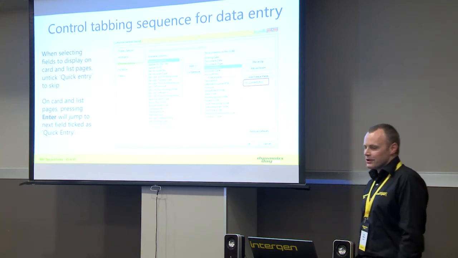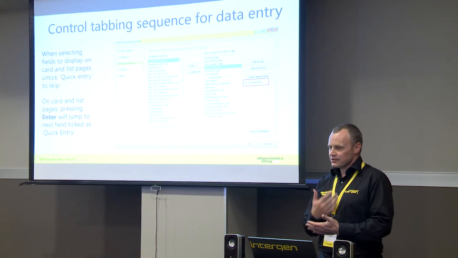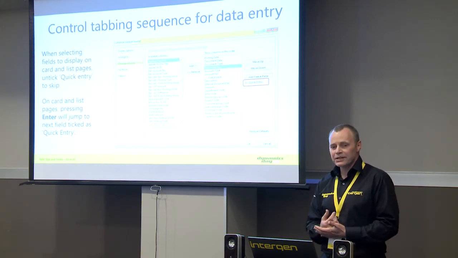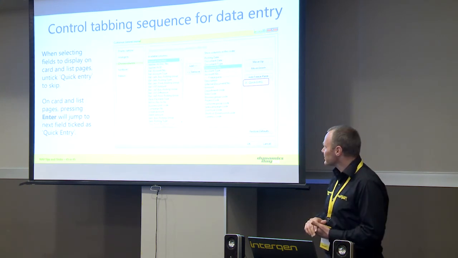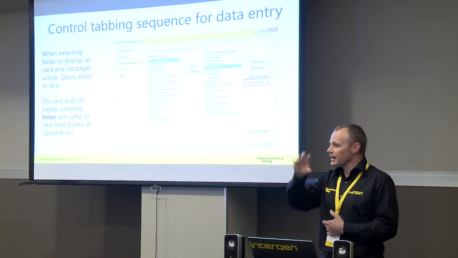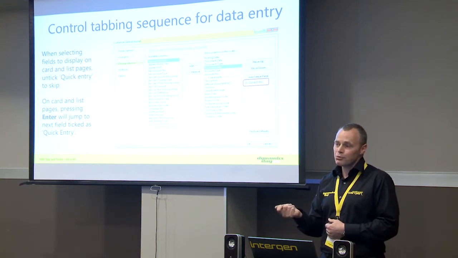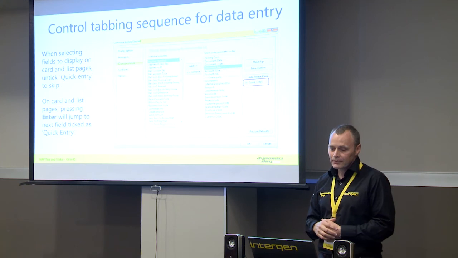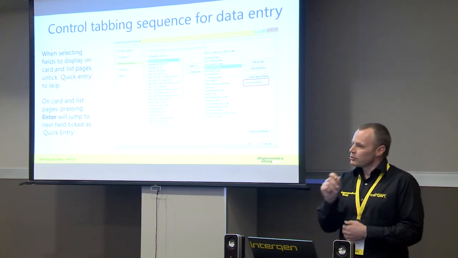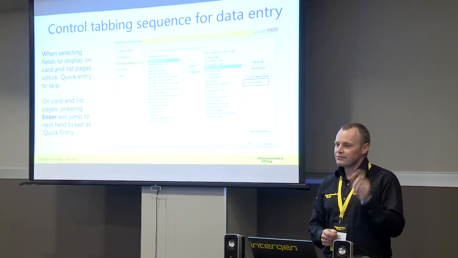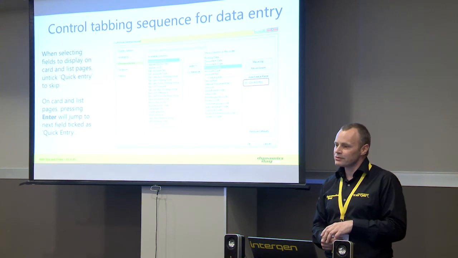Tabbing control on data entry. So we know that in 2009 and 2013 we can show and hide some of the fields on a card type screen, like on a purchase header, with that show more fields option. As you do your data entry, every time you press tab it will sequentially go through all of those fields.